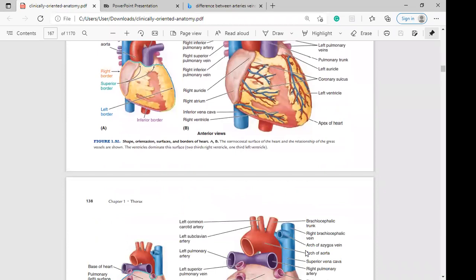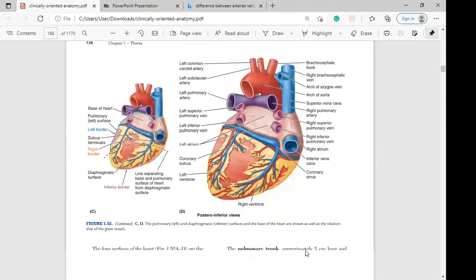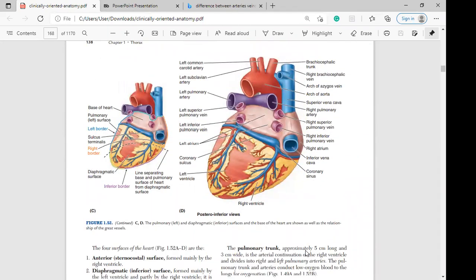So that is what you need to know about the anatomy of the heart and the blood vessels.